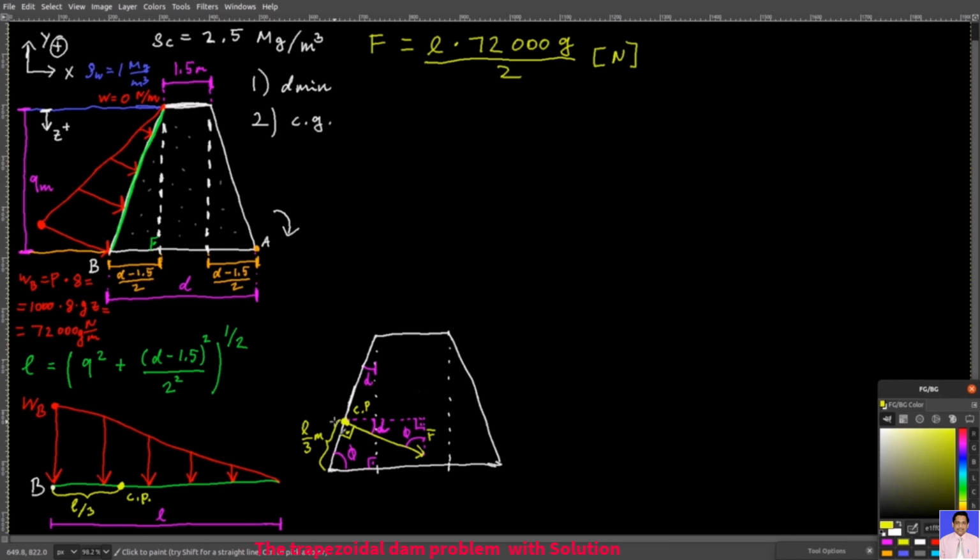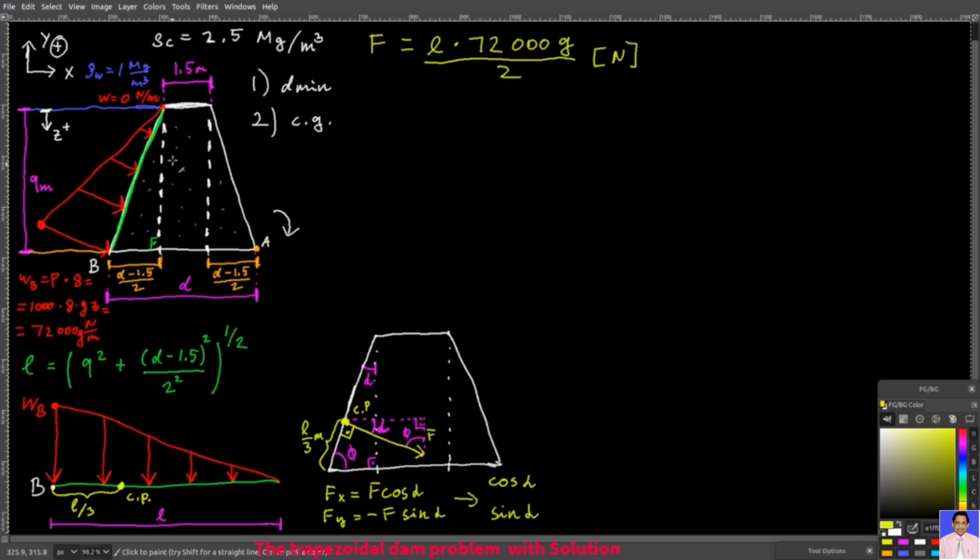So if this force here is F, then Fx would be F times cosine alpha, and Fy would be minus F times sine alpha. You have a minus sign here because the vertical component points down. And now what we are going to do, we're going to find cosine alpha and sine alpha using this right triangle here.